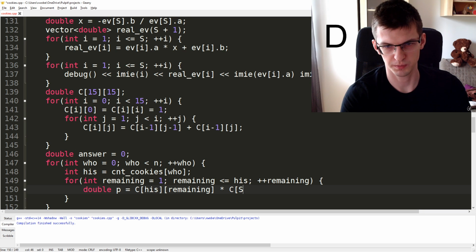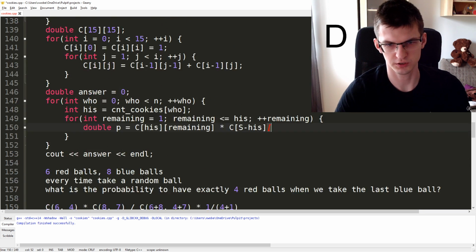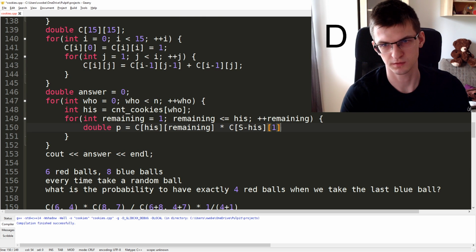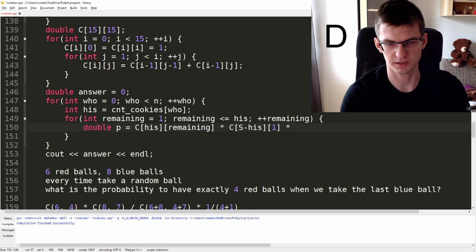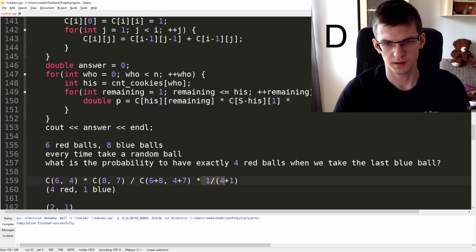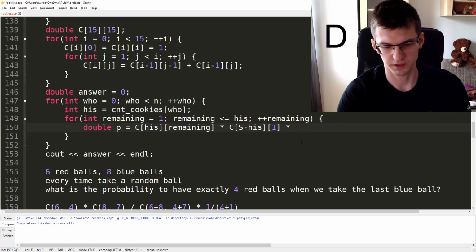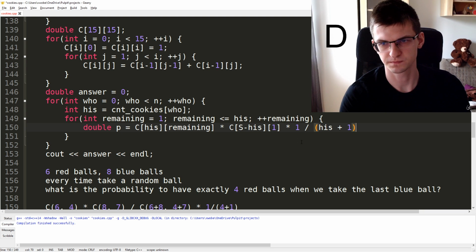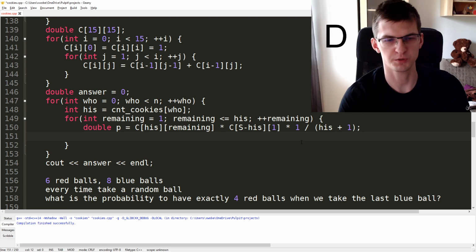Cookies of other people. I want to choose everything but one, times the last one. And so this, it's 1 over his plus 1. With this probability we get to this situation.